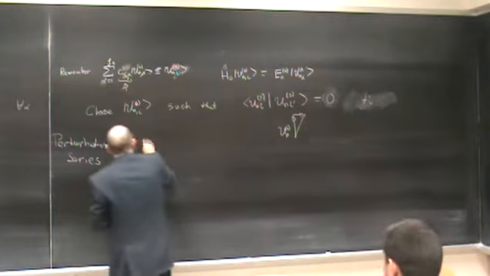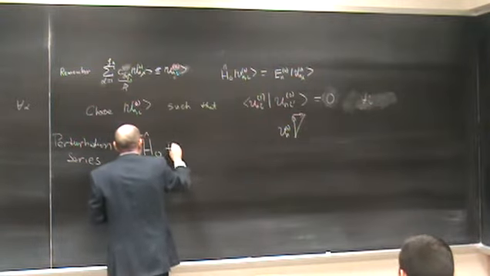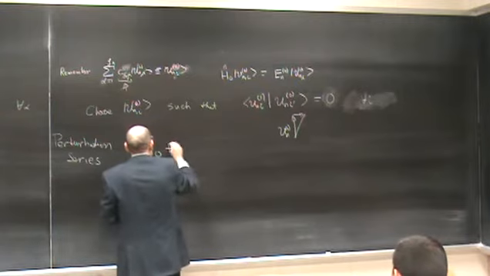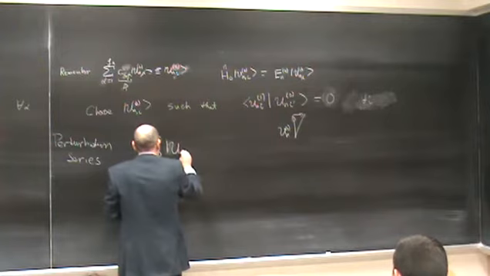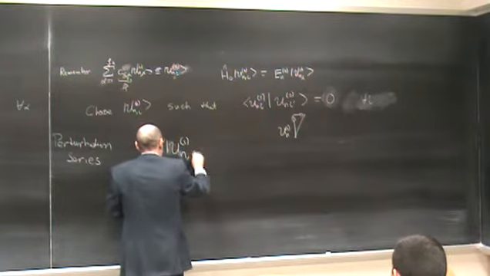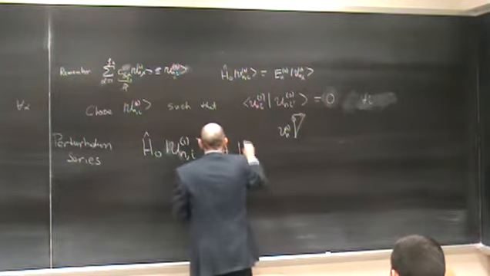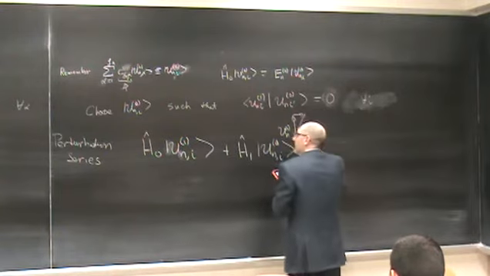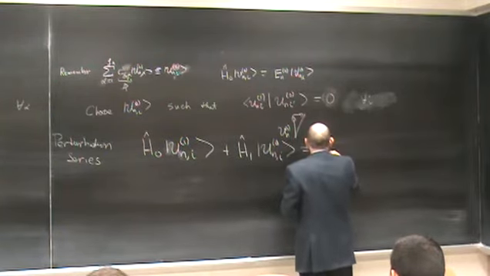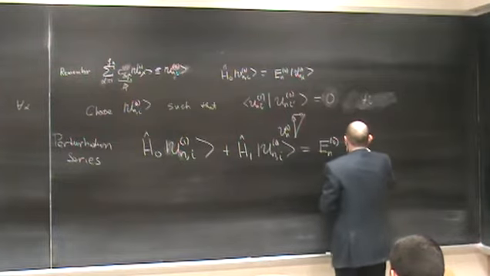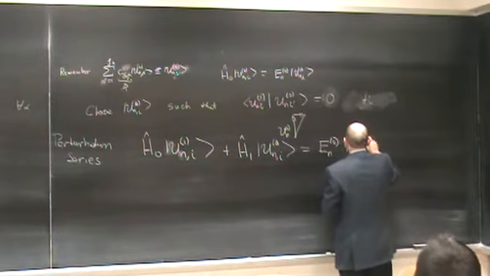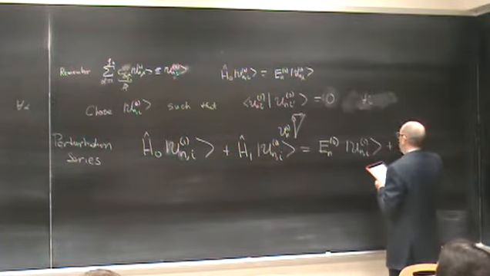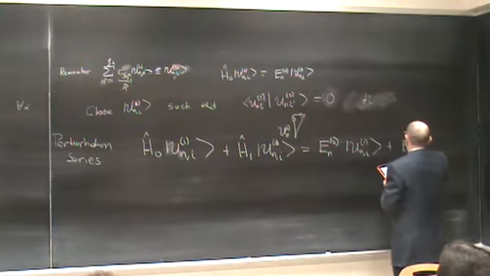So I'm going to start with my perturbation series. So we have H0 plus H1 acting on this, the first order piece, times Ni0 should equal EN0 UNI1 plus EN1 UNI0.